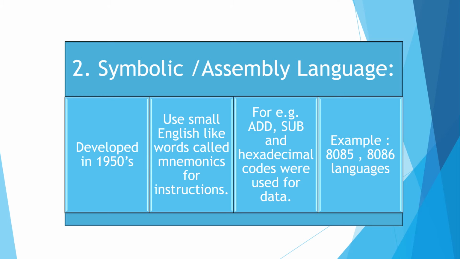For example, the instructions are like add and sub. Add is used for addition, sub is used for subtraction, and hexadecimal code is also used for the data. The example of assembly language is 8085 or 8086 languages.